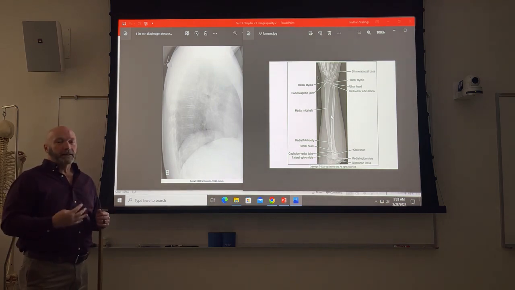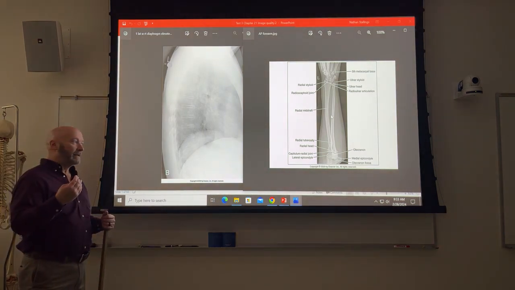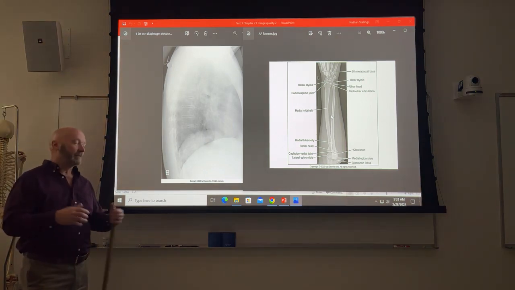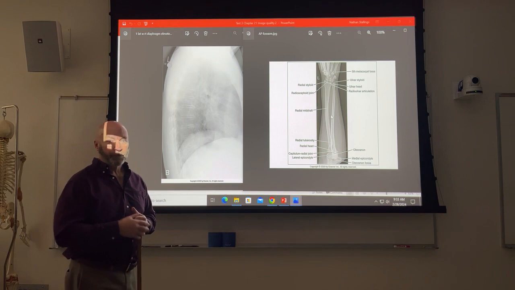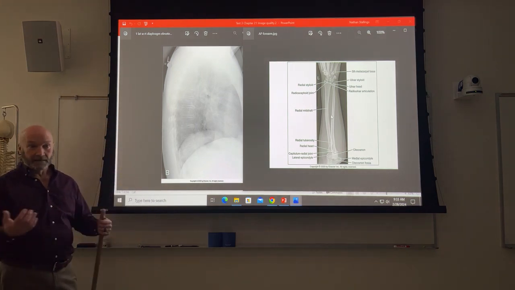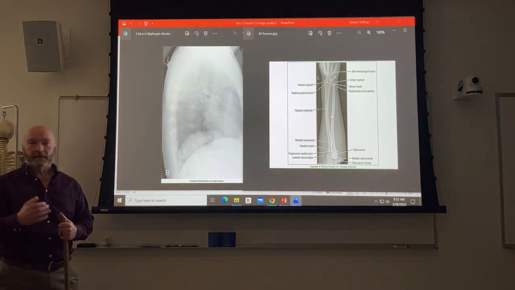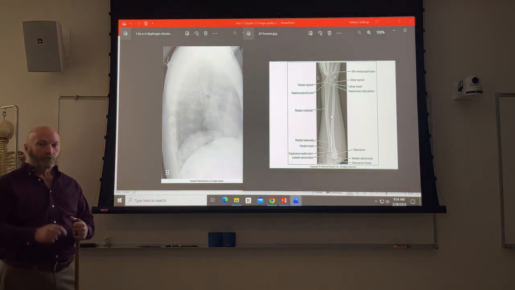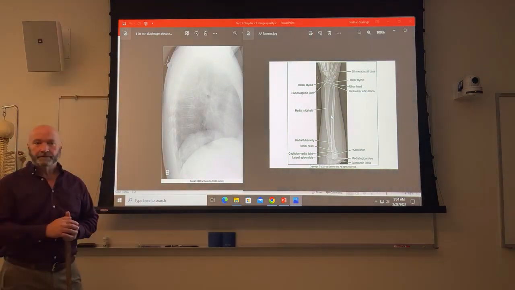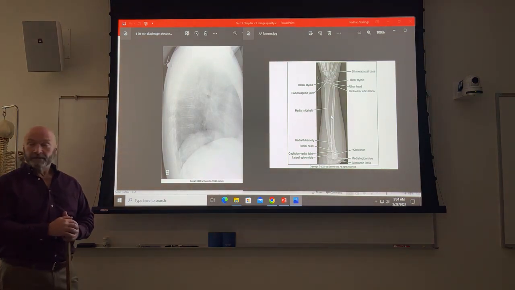The only indication that you're going to have that you overexposed that patient is your lookup table, or I'm sorry, your index number. Your index number is going to show you that you overexposed the patient. That's it. Otherwise, the images are going to look almost identical. You would have to really, really pick it apart to tell if there was any difference between the two. And even then, you probably won't see any difference.